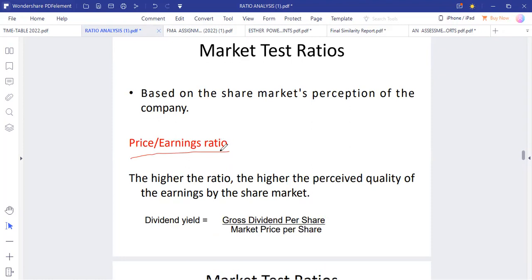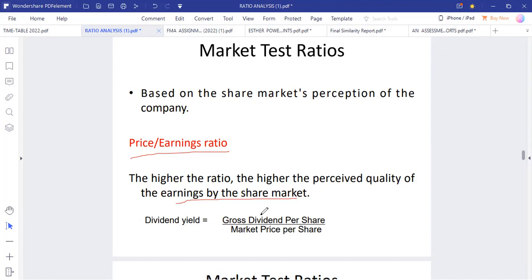So if you want to buy shares from a particular company, you would be keen to look at the earnings per share. The higher the ratio, the higher the perceived quality of the earnings in the market. So you look at the PE for the shares in a particular company in relation to the markets. If your company is saying we're doing very fine, ask for the price earning ratio.